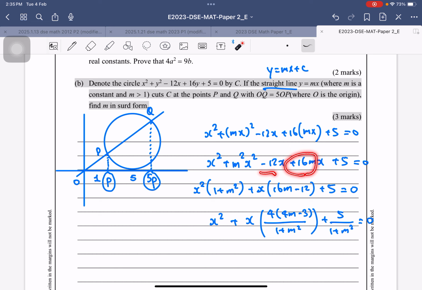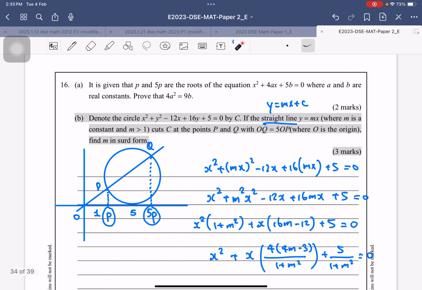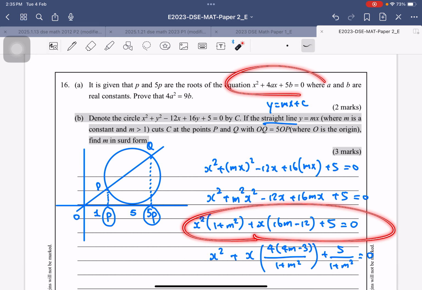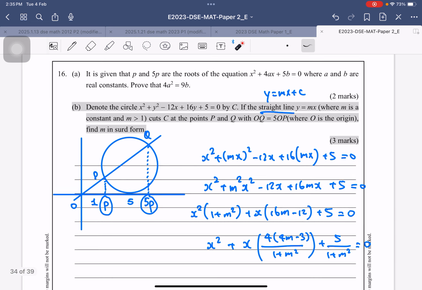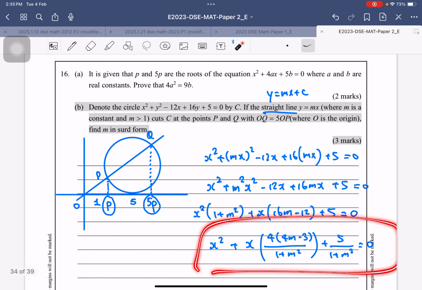And then I add the 5. After that, you compare this equation with part A's equation. You can see the coefficient of x squared should be 1, so you divide by 1 plus m squared. So now you have this new equation. Is that okay?